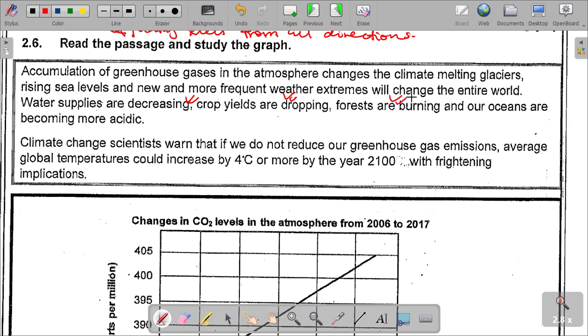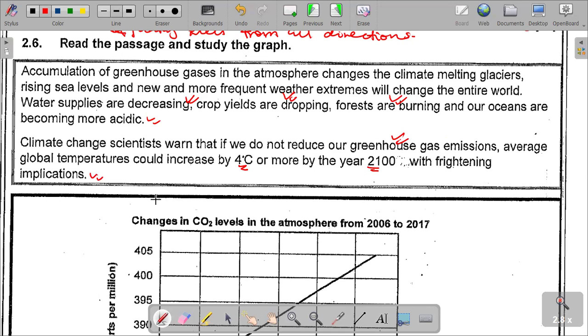Forests are burning, we talk about natural wildfires, and oceans are becoming more acidic. Climate change. Scientists warn that if we do not reduce our greenhouse gas emissions, average global temperature could rise by 4 degrees Celsius or more by 2100, with threatening implications.